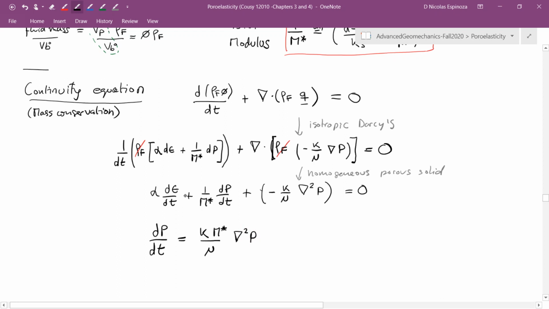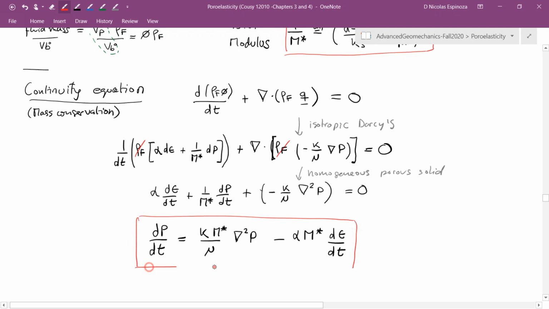And I'm going to move also this other term, alpha times Biot modulus times the variation of volumetric strain with time. Oh, actually this should be negative. So this is a negative. And I obtained the equation that I was looking for.